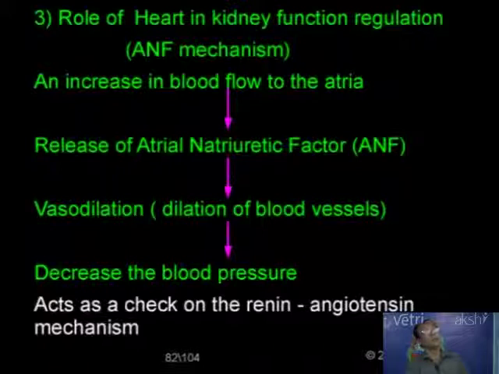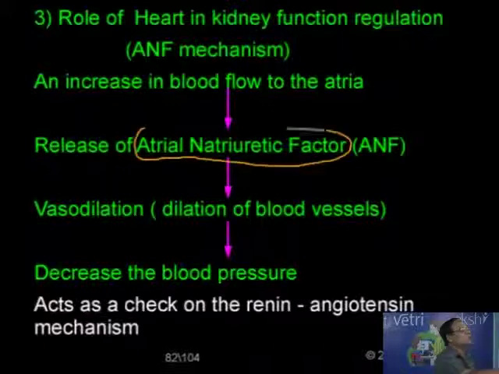When you have an increase in blood flow to the atria, namely the right and left atrium, in the wall of the atrium we have a substance released. That release is affected by the atrial wall, and that substance is called atrial natriuretic factor, a natural factor controlling mainly the urinary system.